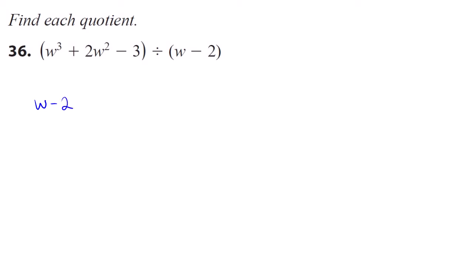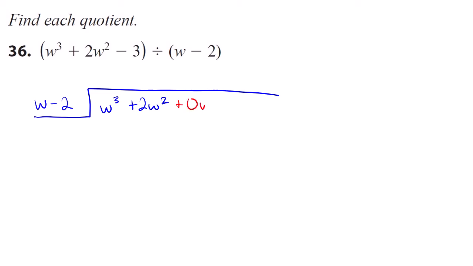So we would do w minus 2, and then w cubed plus 2w squared, and here's where we fill in. We're going to put a plus 0w, minus 3. Wherever you're missing a term, you put in a 0 as a coefficient, and then the variable term that you're missing. Remember, this is to the first power.